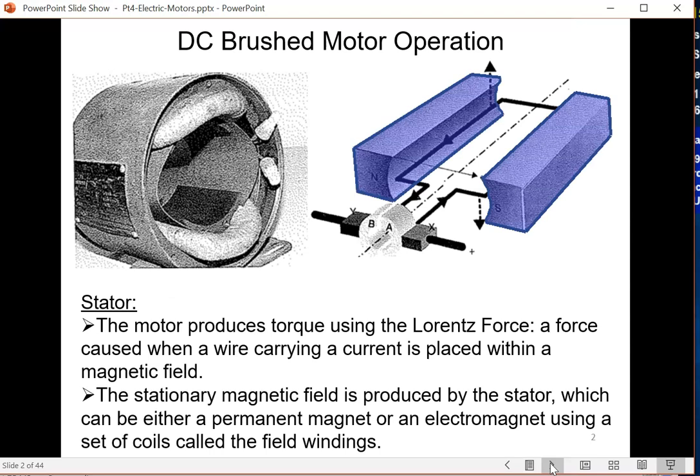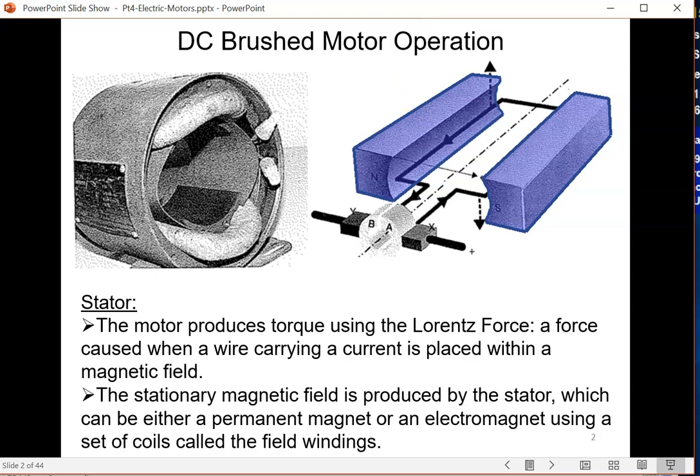Okay, now brushed machines consist of several key parts. First of all, you have the stator of the motor. The stator is the part of the motor that doesn't move or rotate. On the stator of a brushed DC motor, you will have pairs of magnets. On this diagram, I only show you one pair, but it's possible to have more than one pair, just to make the operation smoother.